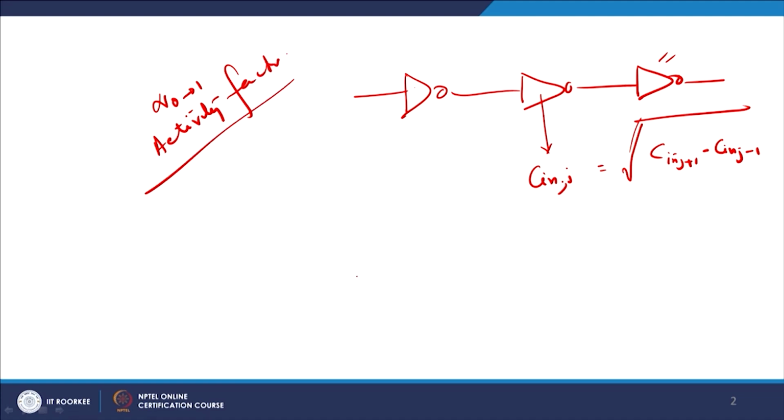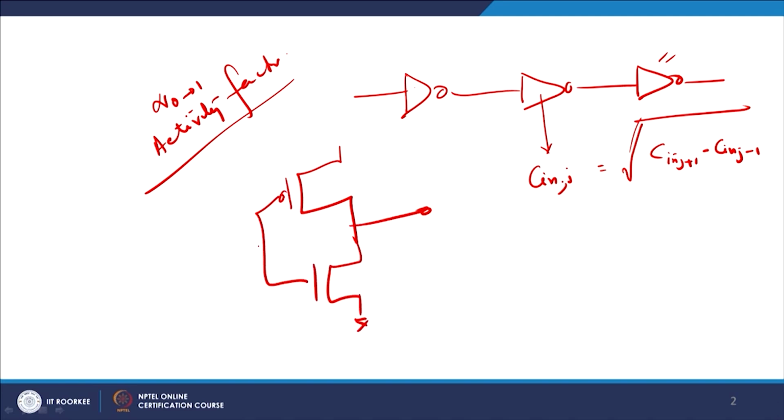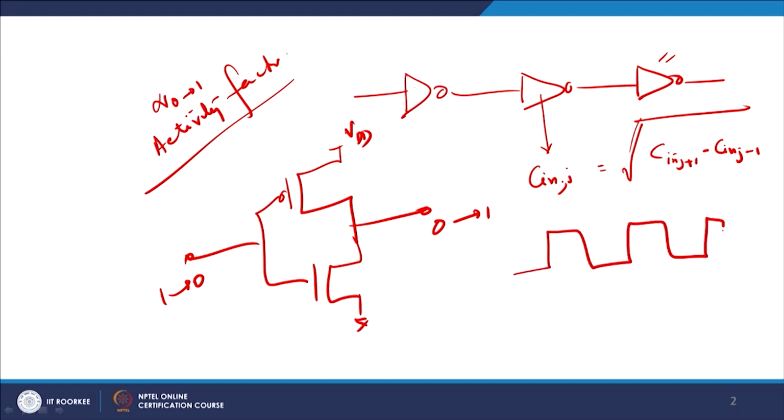Let us suppose I have an inverter, with the output here and the input here. I check how many 0 to 1 transitions are available. Let my input be a clock. So, I have 4 clock cycles, 1 2 3 4, 1 2 3 4.